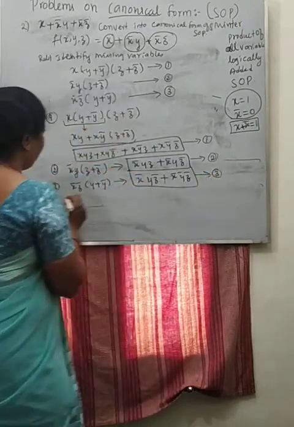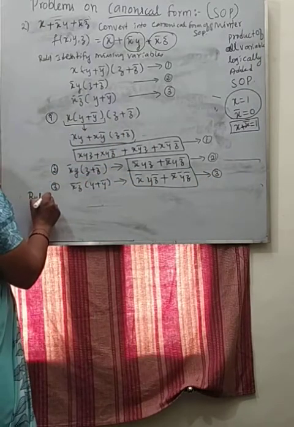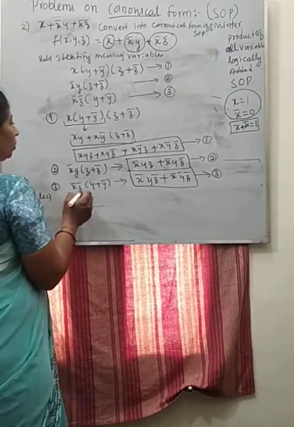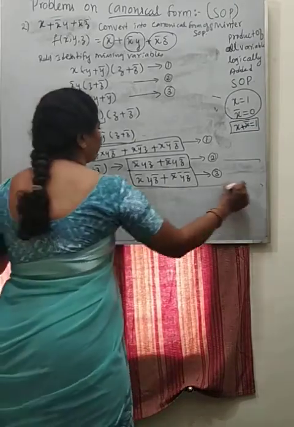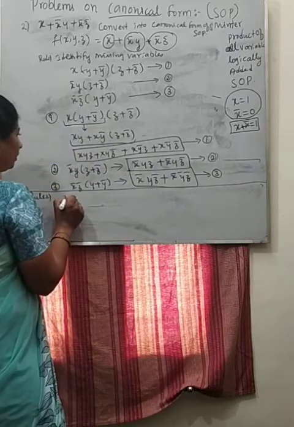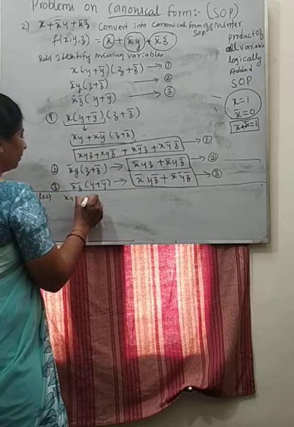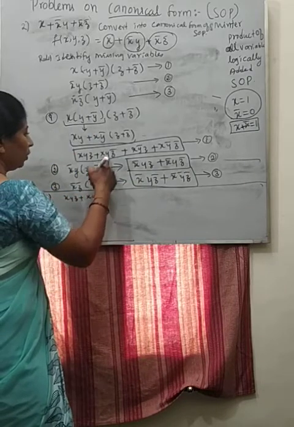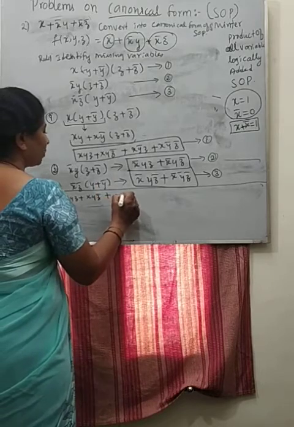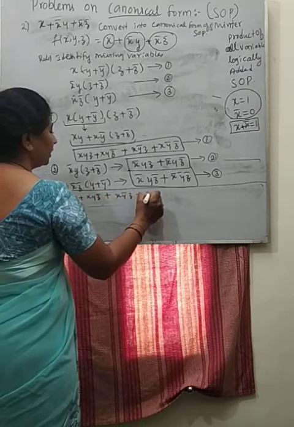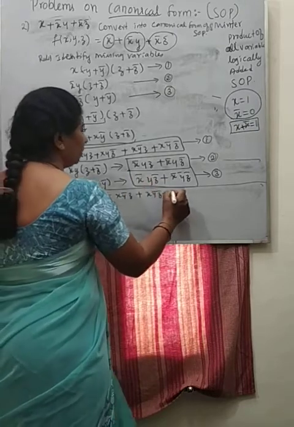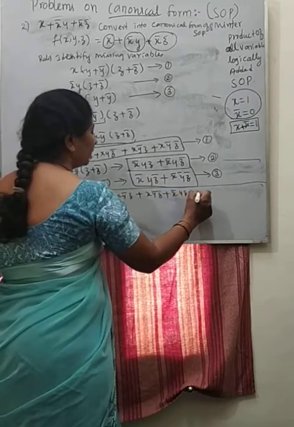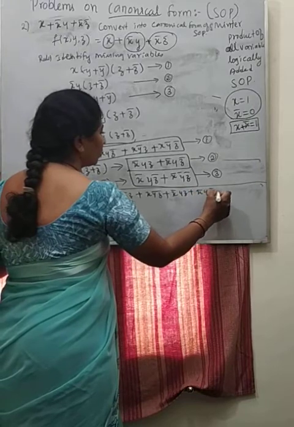Combine all the equations together in rule 2. According to your rule 2, what you will get? First equation: xyz, xyz complement, xy complement z, xy complement z complement. Second equation: x complement yz, x complement yz complement.